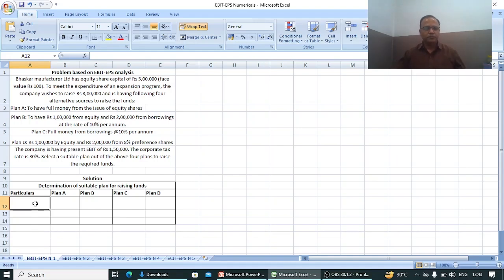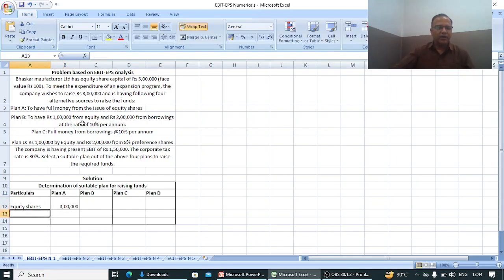Now, first is issue of equity shares. Full money from the issue of equity share in plan A, 3 lakh.